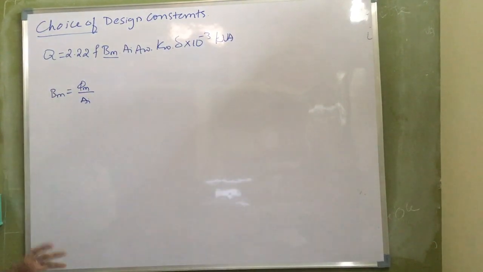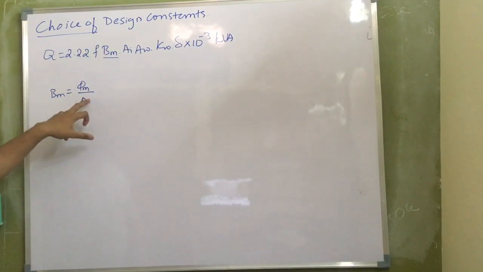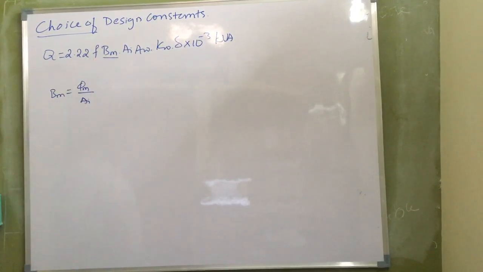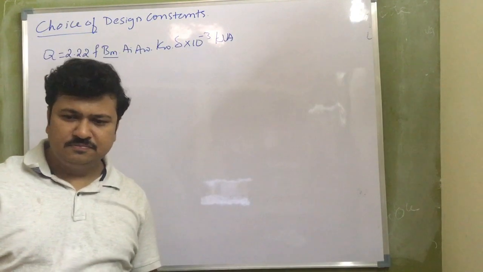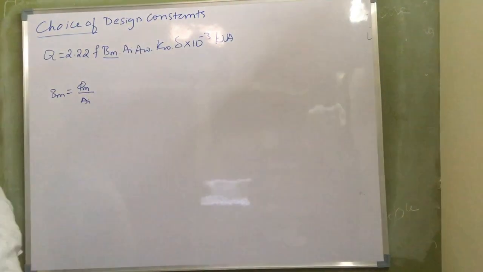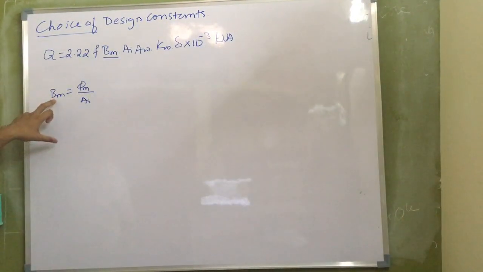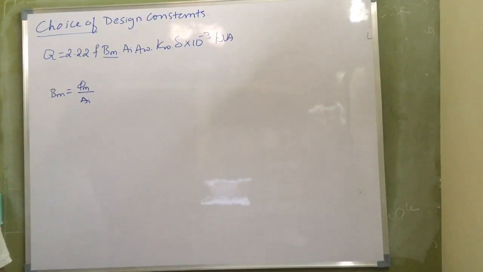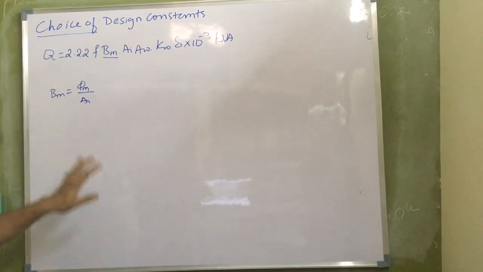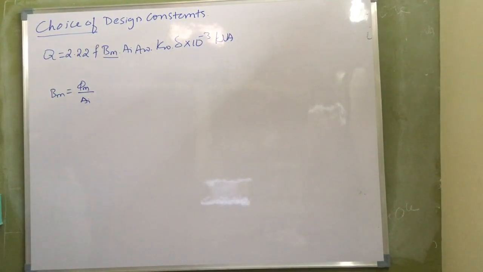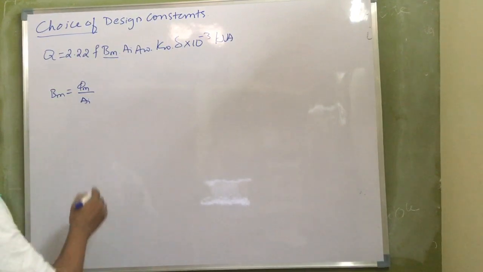Whatever value of flux density I choose will decide the area of core, because the value of flux is a function of voltage. So whatever flux density I choose will directly affect the area of core. If the flux density chosen is high, the area of core obtained will be less. So this is one design constant.